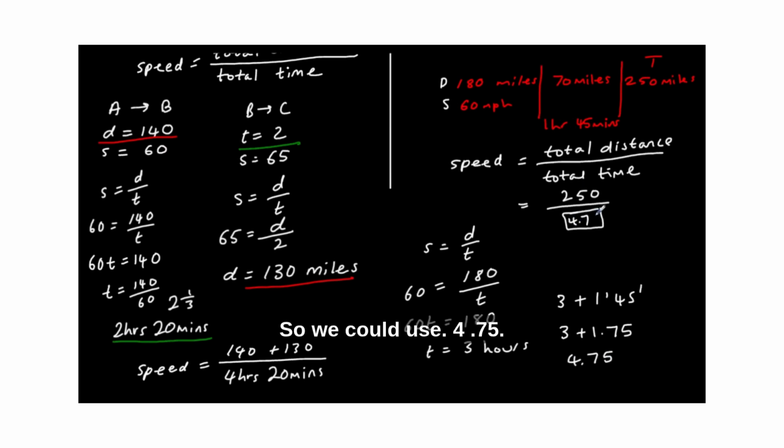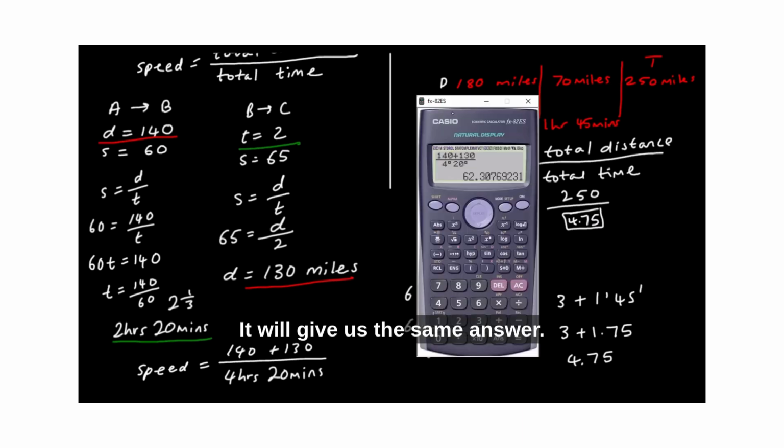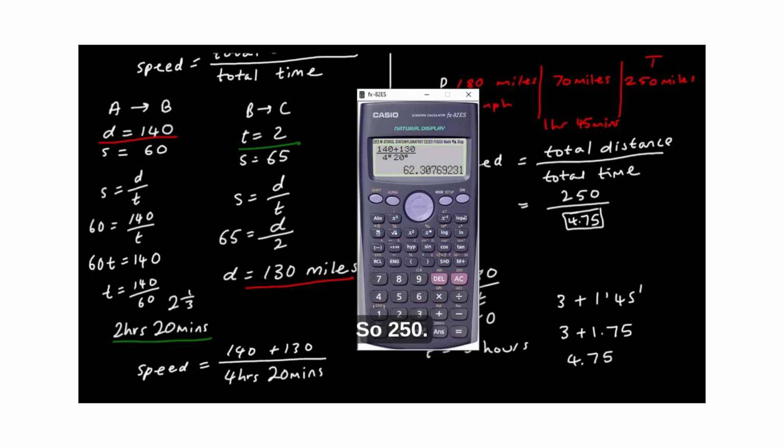So we could use 4.75, or we could use the time button on the calculator and write 4 hours 45 minutes. Either way, it will give us the same answer. So 250 over 4.75 is 52.6. So that's our answer.